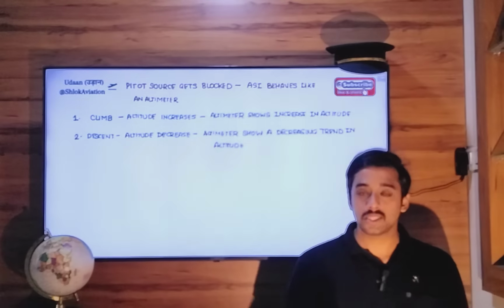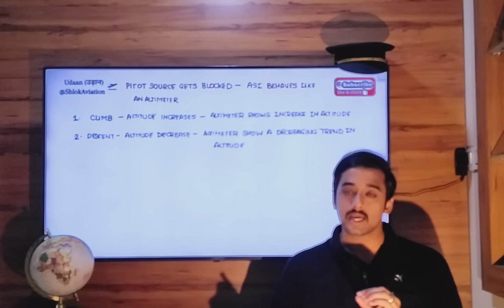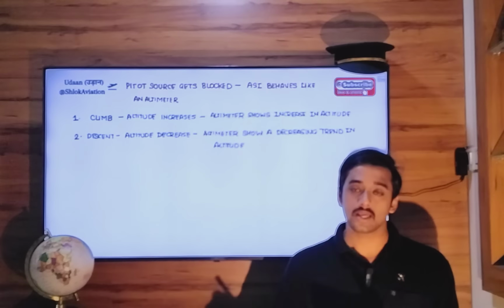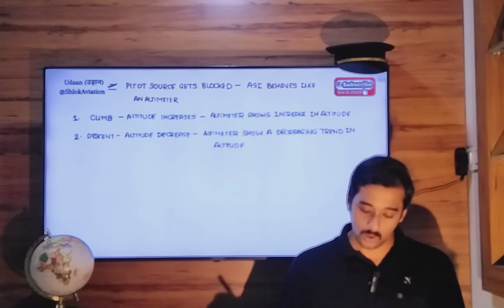Increase in altitude means values will increase 2000, 2500, 3000. Decrease in altitude means values will decrease 2000, 1500, 1000, so on and so forth.